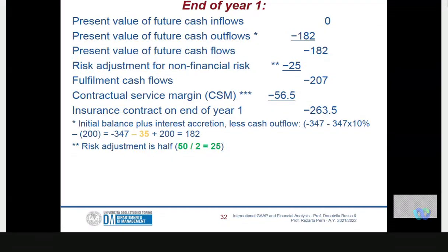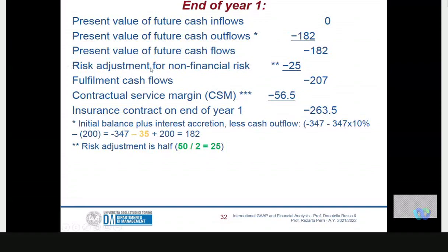So from the initial amount, we add the interest related to the time value of money, and then we also deduct one figure of 200 euro. This is the actual payment that we have made. Remember that we need to pay 200 euro each year. So minus 200, we are left with this figure of 182. Okay? And this is what is represented over here.